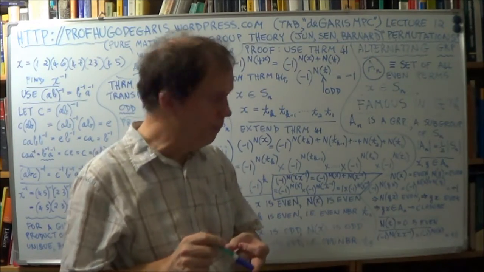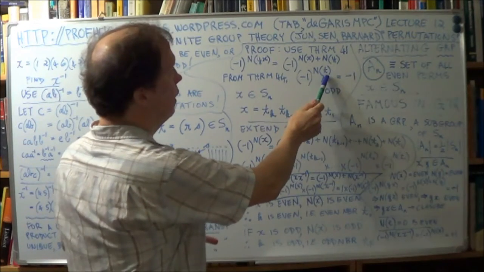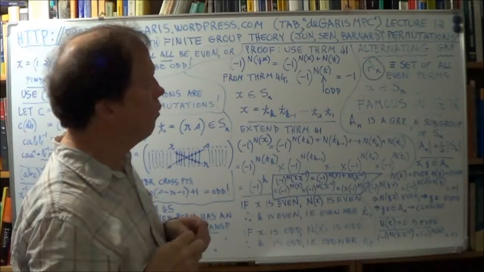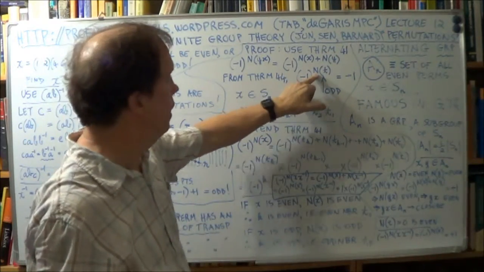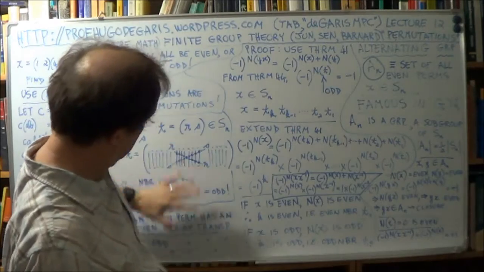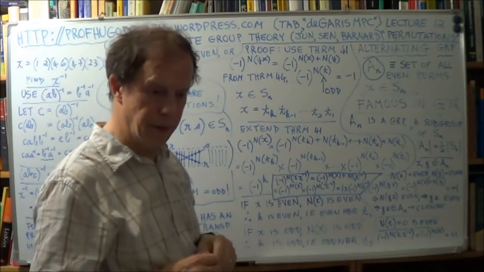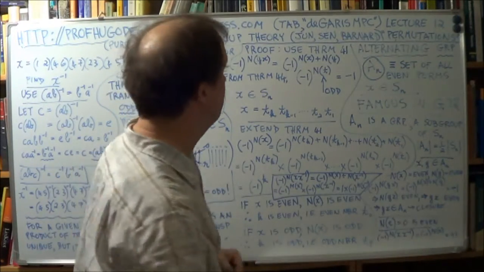cross points. Okay. Now n here, this is the number of reverse pairs. That's what this n stands for, or cross points. Now we showed just before a transposition is odd. It's an odd permutation, right?